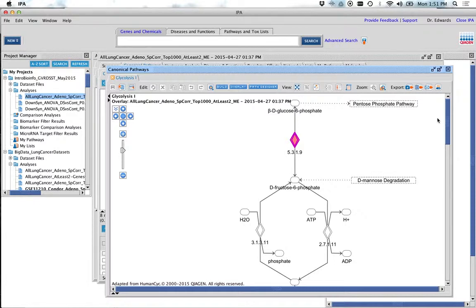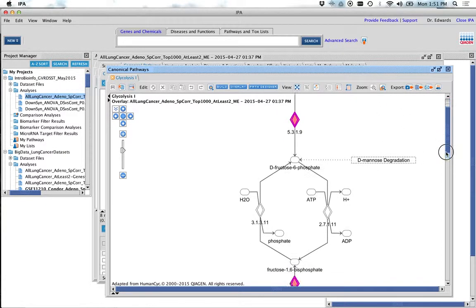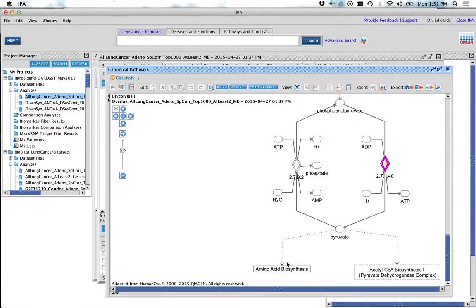All these enzymes are converting glucose phosphate into components of the Krebs cycle. What is that telling you about these cells? What are they doing?